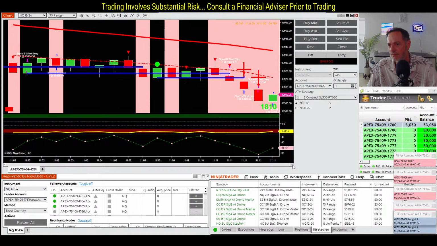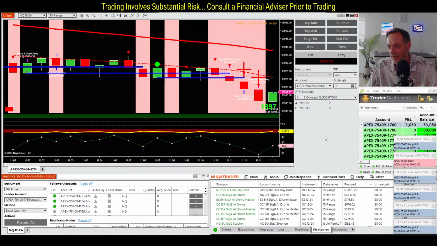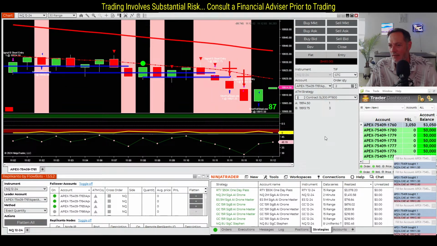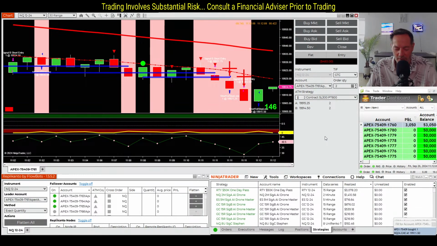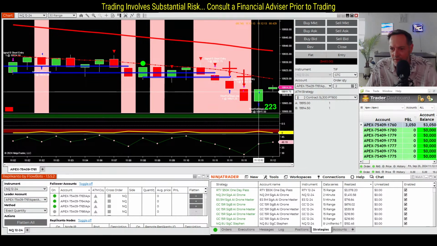Order filled. I think I might have to loosen this one up a little bit. Order filled. I'm breaking even at 25 ticks. Actually, I'm taking 5 ticks off it. So at 25 ticks, it goes to 5 ticks, so it leaves 20 ticks of separation.